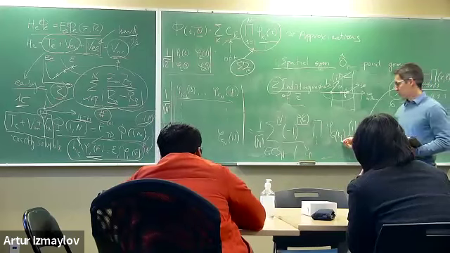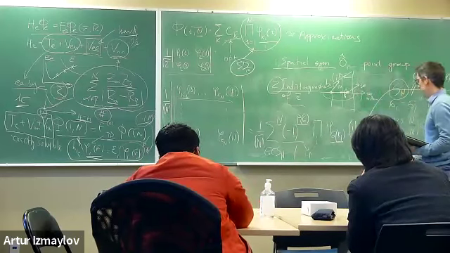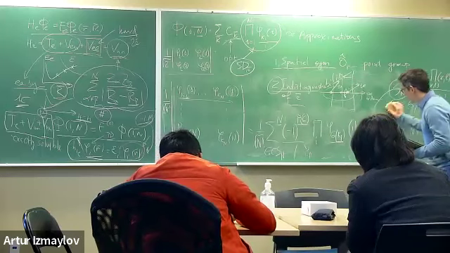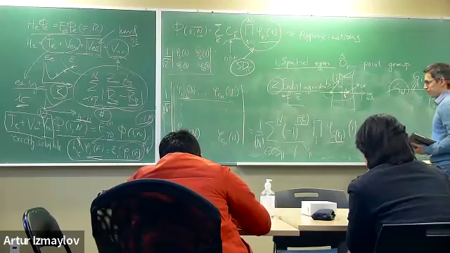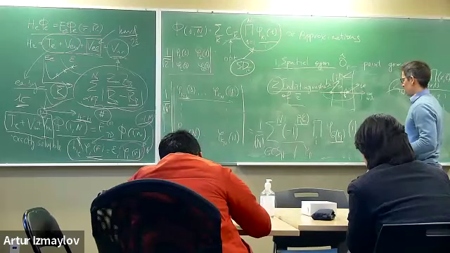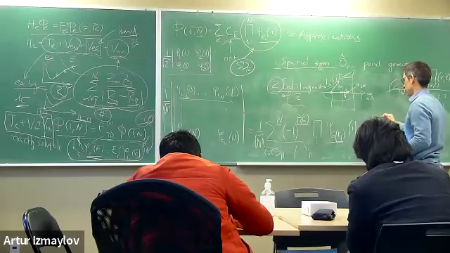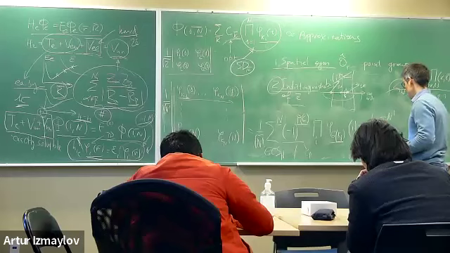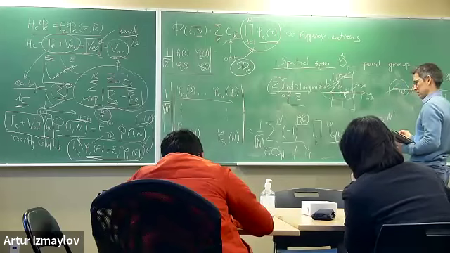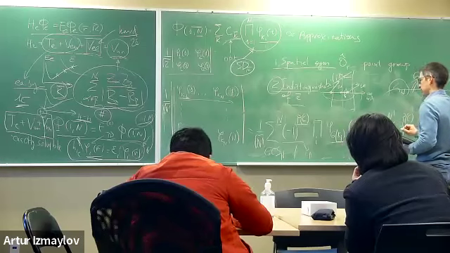So we essentially permute the indices of the orbitals, or you can write the same thing differently.